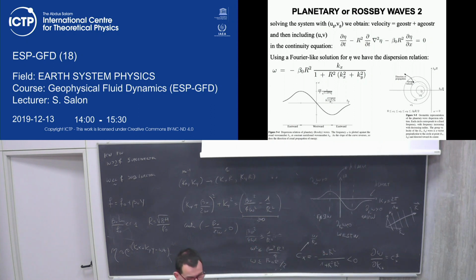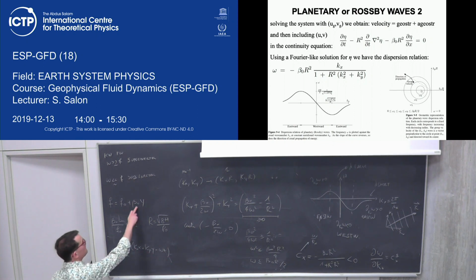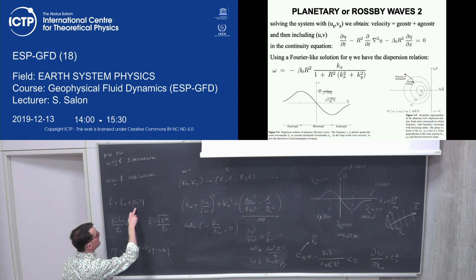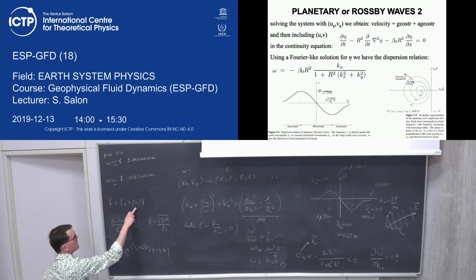So the maximum frequency for Rossby waves is based on the beta parameter and the Rossby radius. That's very important because the Rossby radius depends on f, on g and on h. So according to this expression, whether we are at higher latitude or lower latitude matters, as it also depends on the latitude.